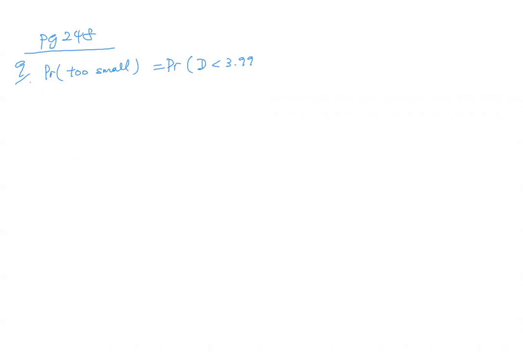So you see, machine make things, the standard deviation is very small. So this is 0.04. This one I got two unknowns. I don't know the mean, I don't know the standard deviation.